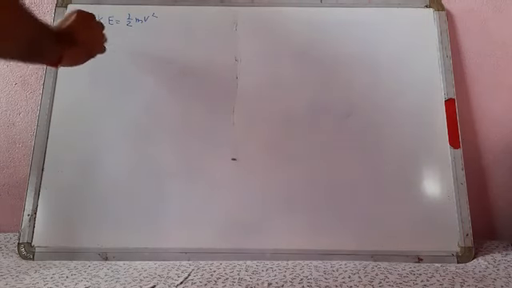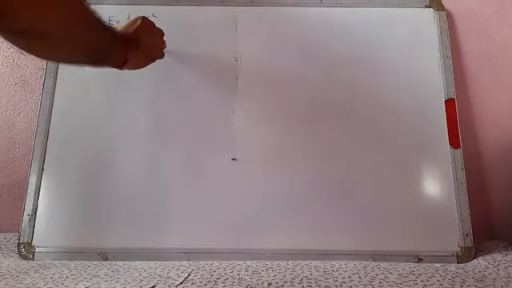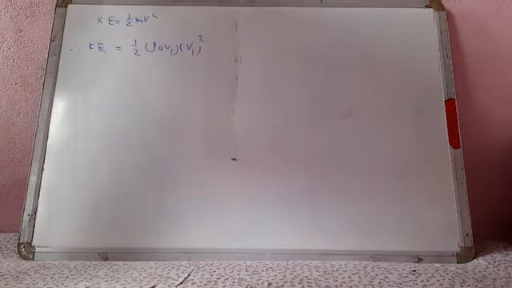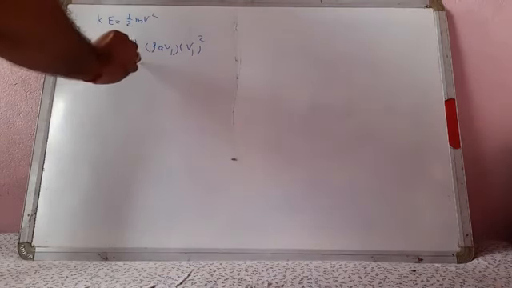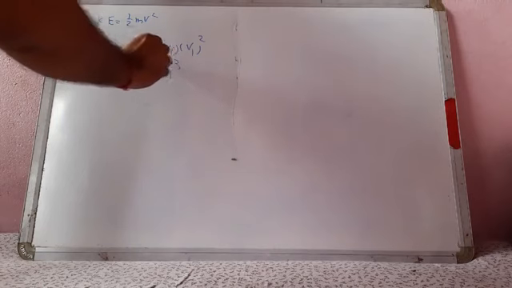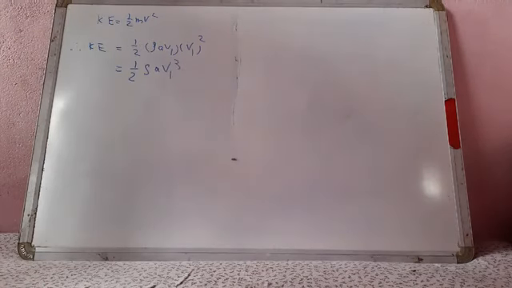So the kinetic energy of jet per second equals half of rho A V1 into V1 square, that is half of rho A V1 cube.